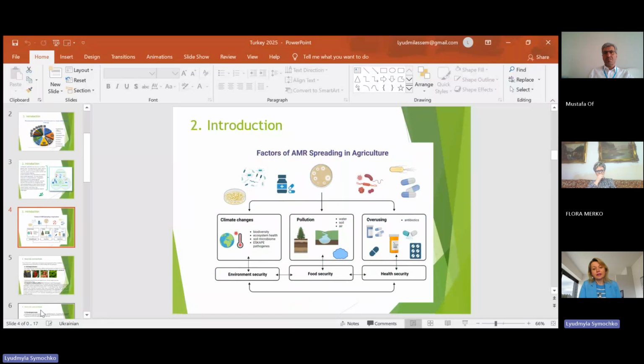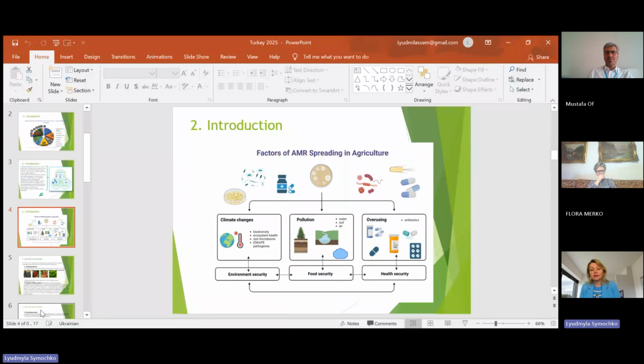The main factors that affect spreading of antimicrobial resistance in agriculture are climate changes. We know perfectly that climate changes affect biodiversity, also ecosystem health, soil microbiome. In our case, for this object, we pay a lot of attention, and of course, it stimulates spreading of ESKAPE pathogens. I will tell a few words afterwards about ESKAPE pathogens.